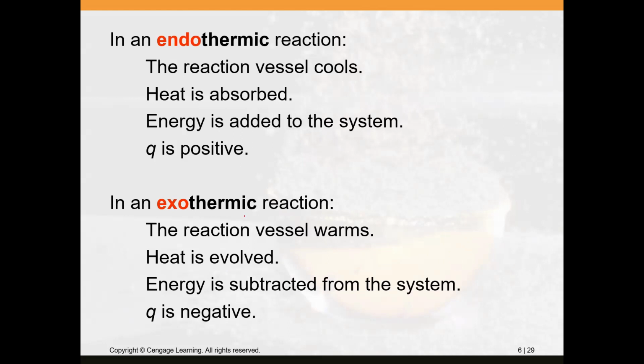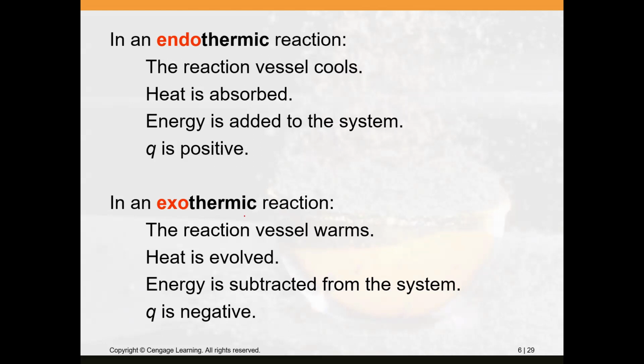In an endothermic reaction, the reaction vessel usually cools, so it needs to absorb heat. In this case, energy is added to the system, so Q is positive. For the exothermic reaction, the reaction vessel is warm, so heat will be released, will be evolved.